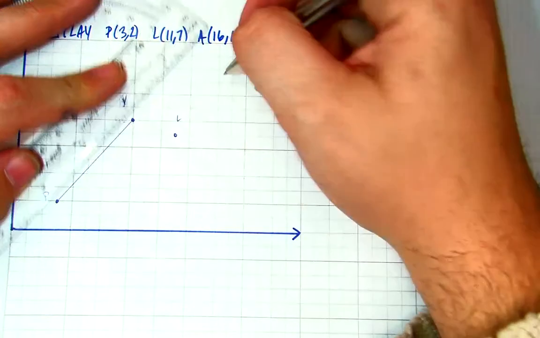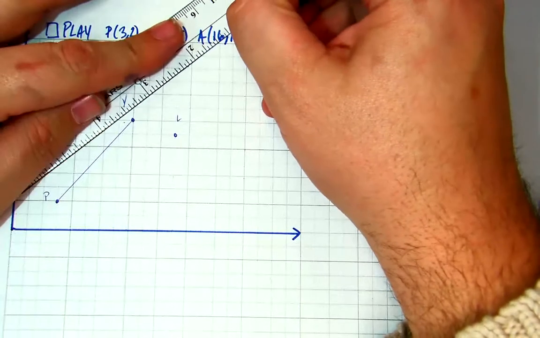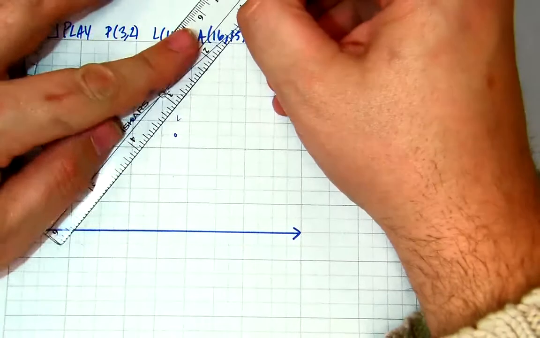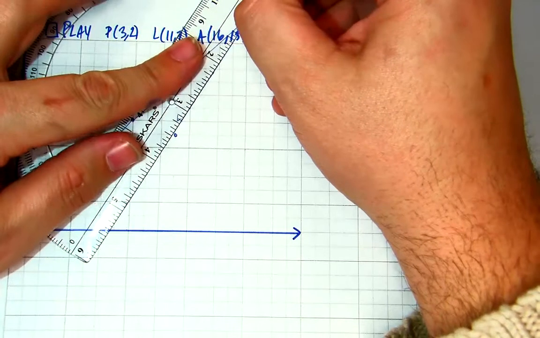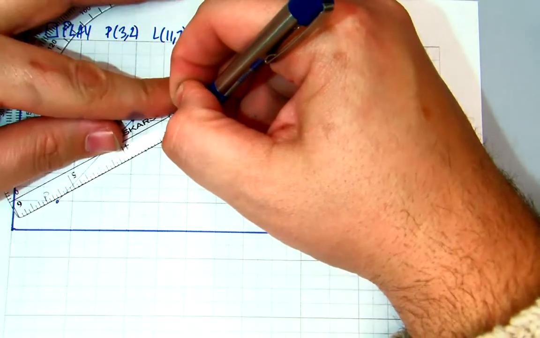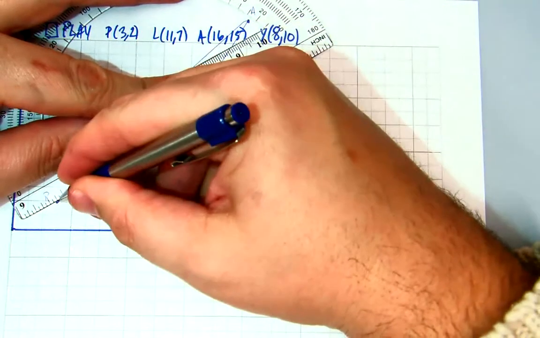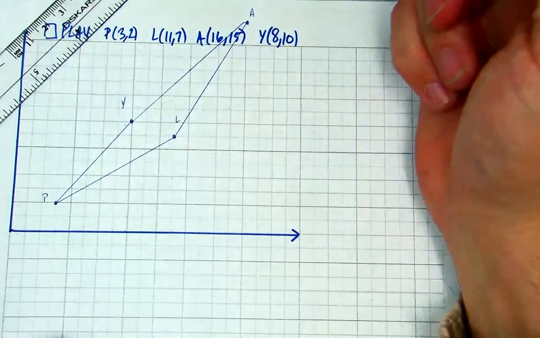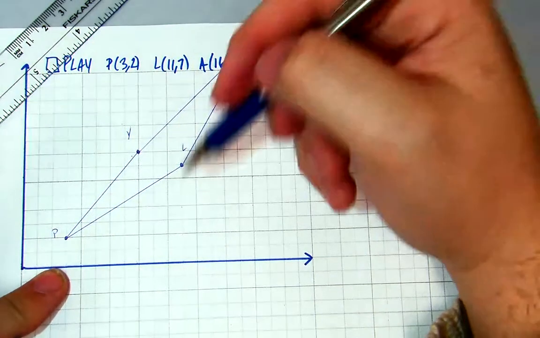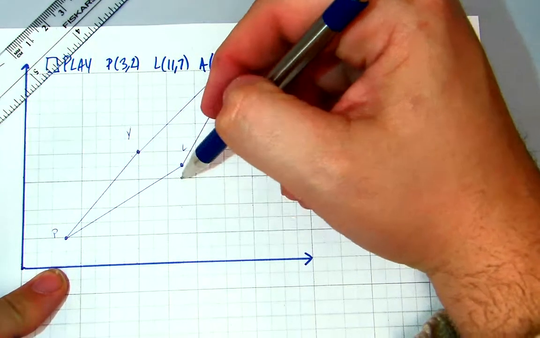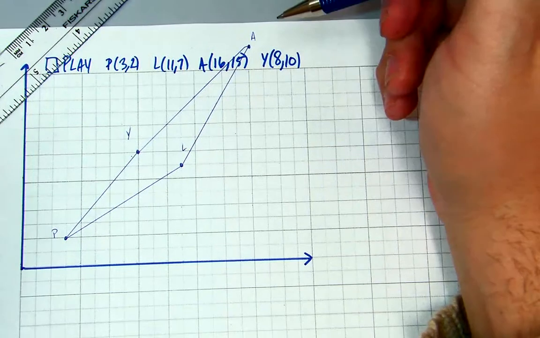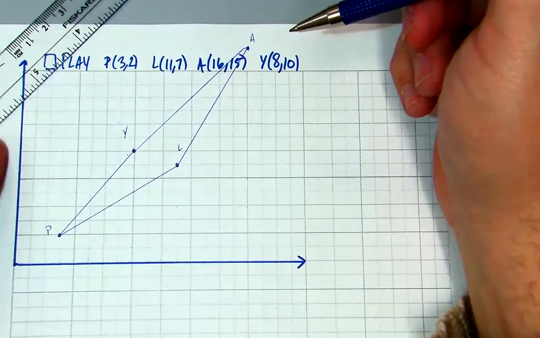to get a good picture of what we're dealing with here. We are never going to draw a 100% accurate graph by hand, but we can do the best that we can.